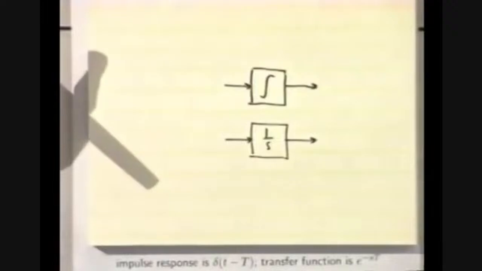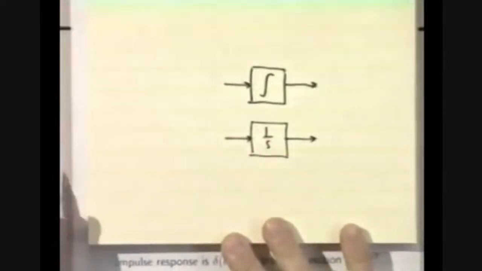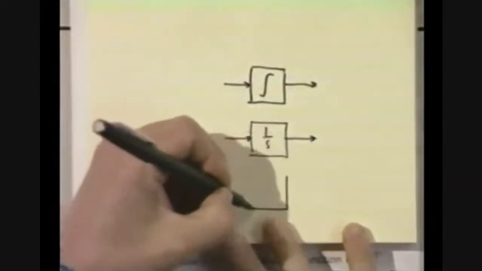An integrator is in fact a convolution system. It has a transfer function, exactly 1 over s. Its inverse Laplace transform is 1, and when you convolve something with 1, you're integrating it. So from now on, when you see a box that says 1 over s, it simply means integration, and you don't even think twice about it.